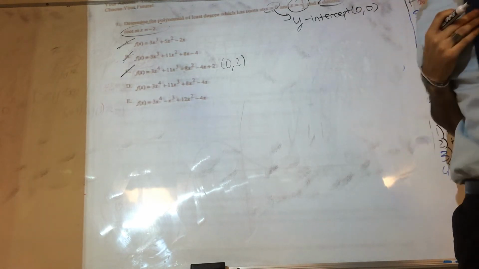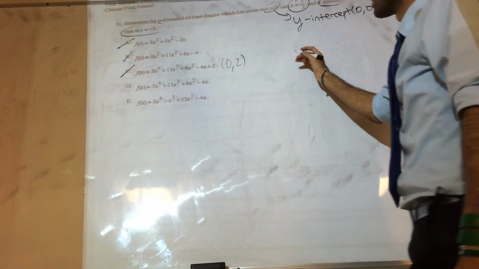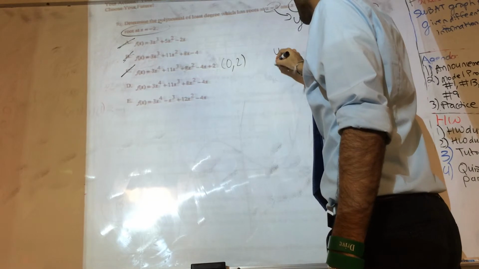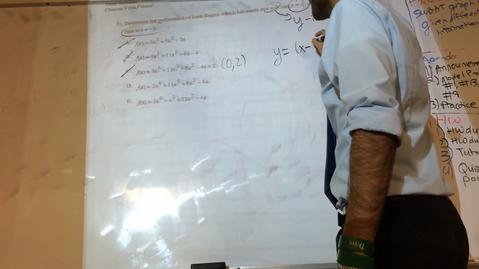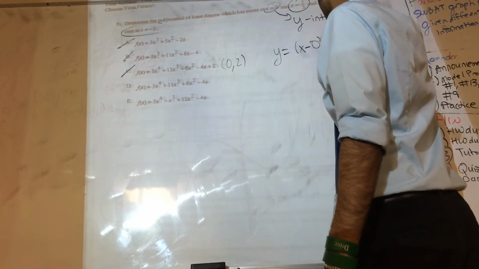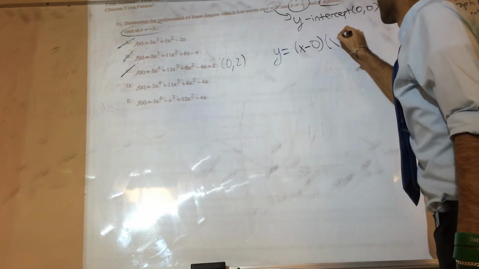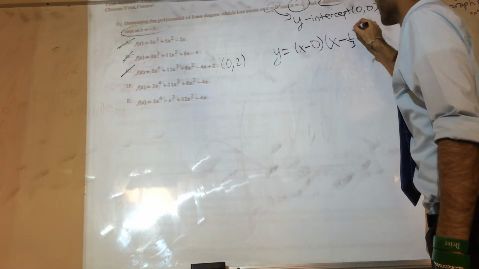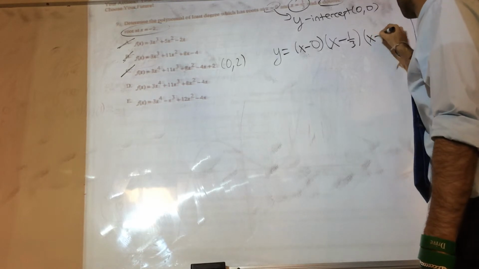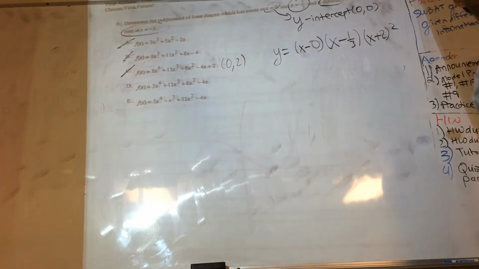So what I think is the hard way, you all might prefer this, is to say, well, I know that we have y equals x minus 0, we know we have x minus 1/3, and we know we have x plus 2 squared.